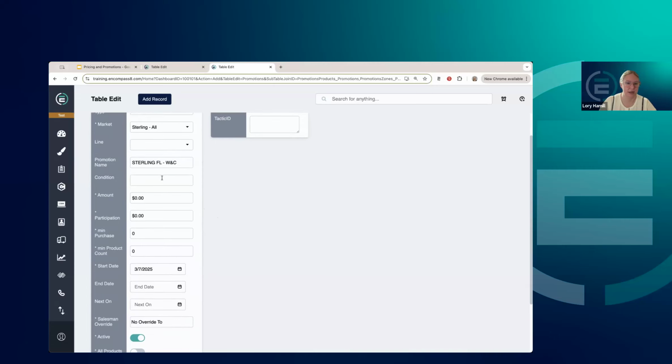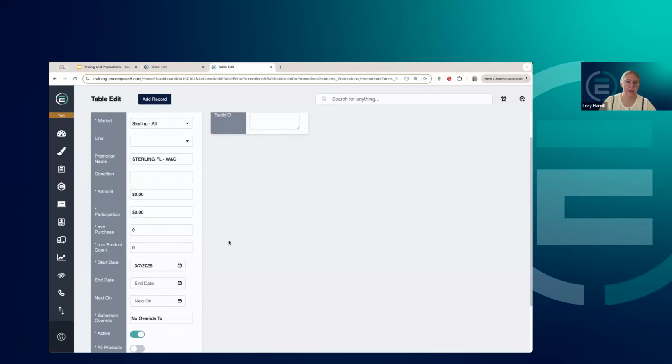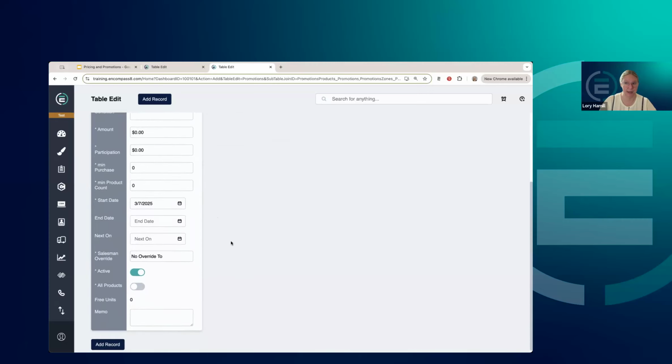I don't need to associate any conditions with it, and I have already set the amount and the participation. Because this is a frontline and this isn't a buy one, get one, I'm not going to set a minimum purchase or a minimum product count. I don't really want to go into the details of a buy one, get one, but this is where you'll use those fields. So if I were doing a buy 5, get 1, I'm going to set that minimum purchase to 5.